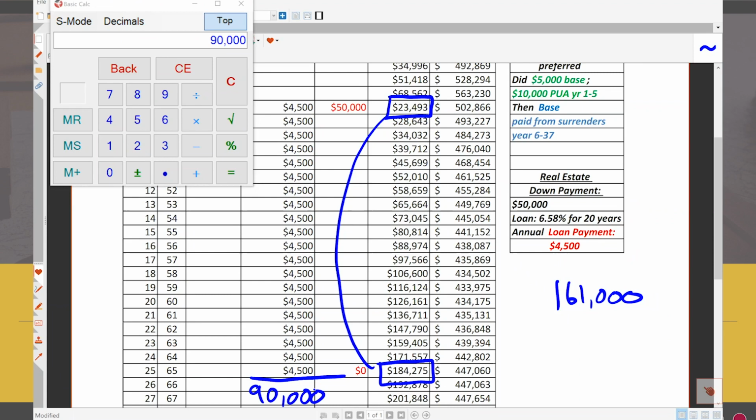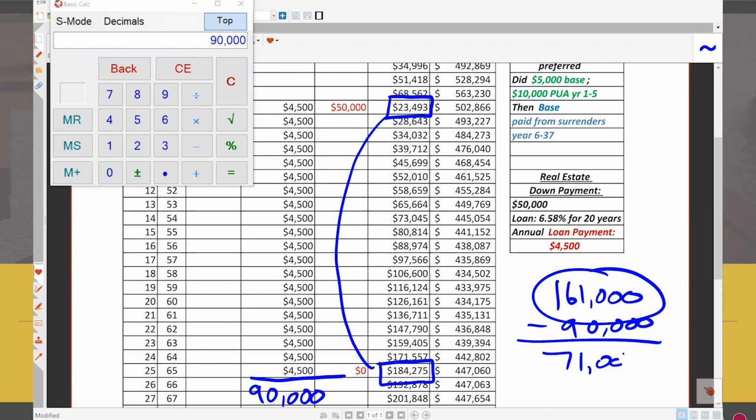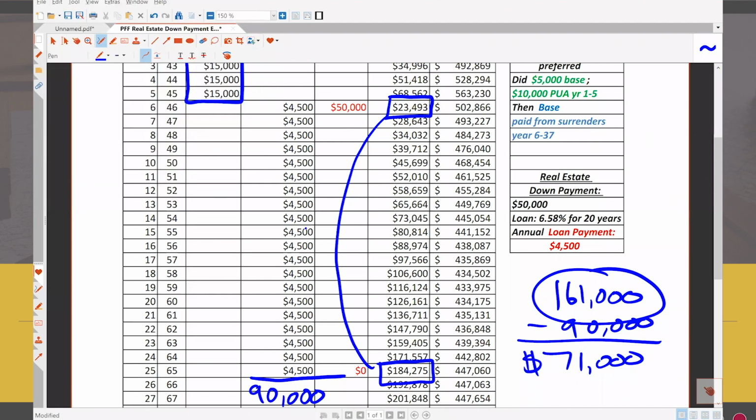That's not bad. But instead of just having 90,000 sitting in my bank account, I actually have 161,000, which means that I made a profit of $71,000 above and beyond what I would have made if I had just used a bank account, the typical way to make an investment.